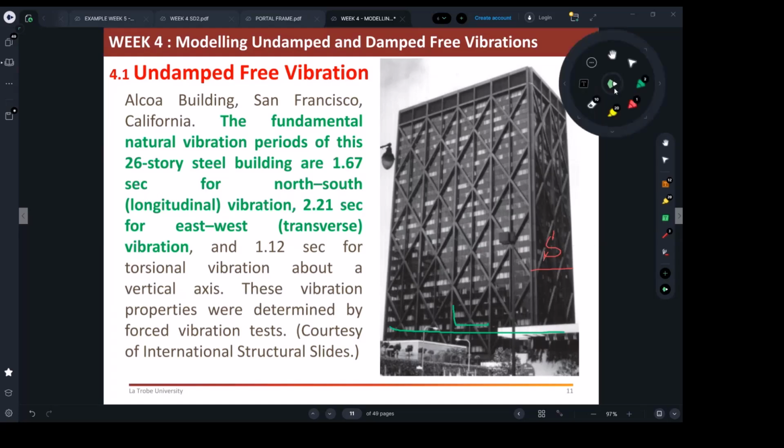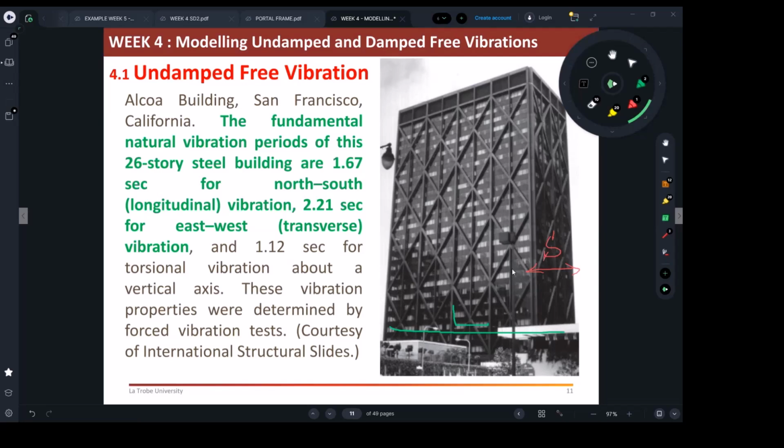Yeah. So to clarify a bit more for you, I always like to imagine the building swaying softly and more. You can see this is the shortest direction, so it should have the higher time period.